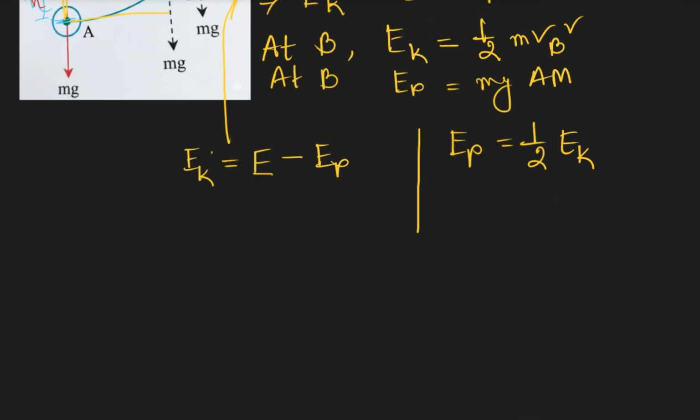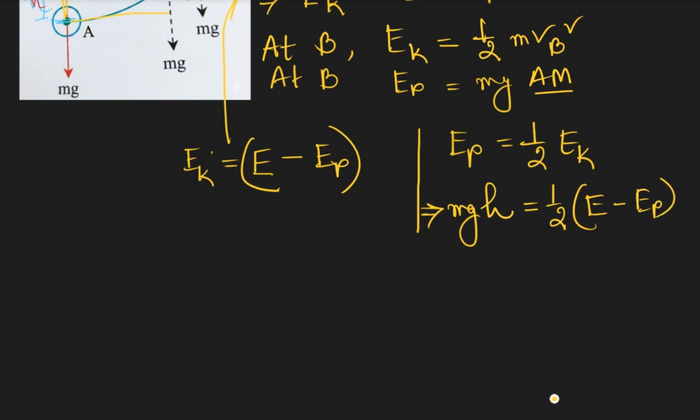So here EP is mg times AM, which is h, that we have to calculate. And half EK represents E minus EP. So the total energy is mgH, where uppercase H represents the total length of the string, which is 30, and EP is mgh.